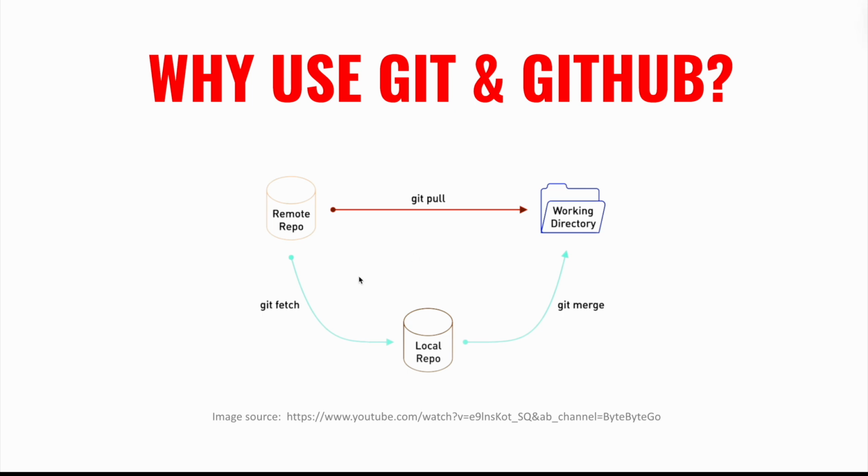Whereas if you don't want to pull all the latest changes into your working directory right away, you first do a git fetch so that it's in your local repo, and then you do a git merge. The second path is usually used when you have some changes in your working directory and there could be merge conflicts and the like. So usually people follow the second path when they are doing development on their local working directories.